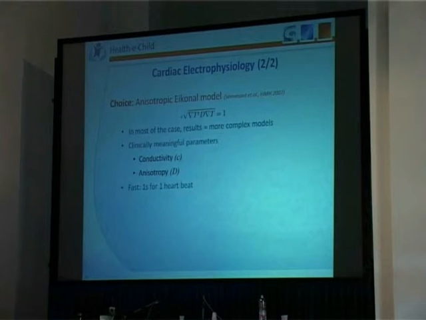In Healthy Child, we decided to use the simplest one. Why? Because it's very fast. It's controlled by clinically meaningful parameters, and this is very important if you want to personalize it to the physiology of a patient. If you have clinical data, you have to use them to personalize the model, and therefore, the simpler the model, the better.